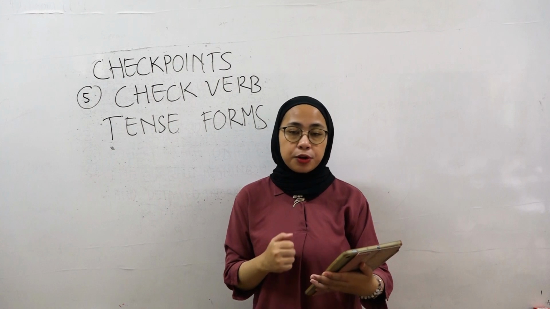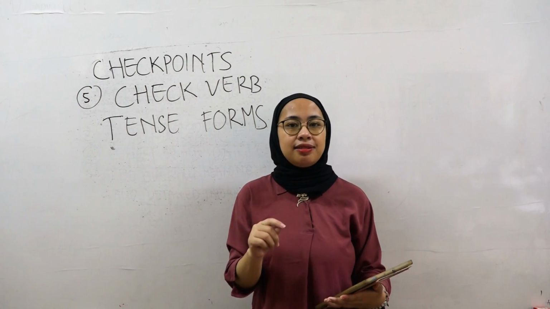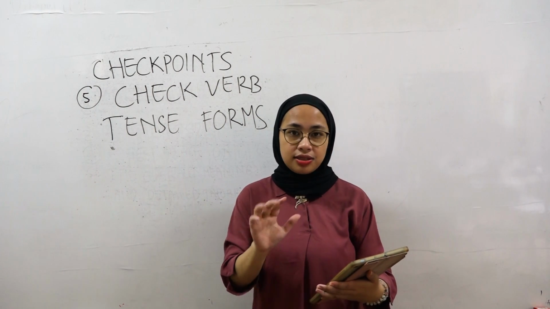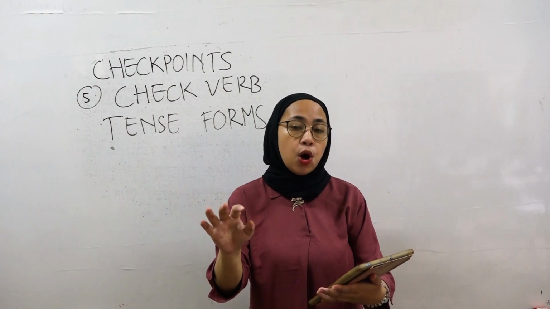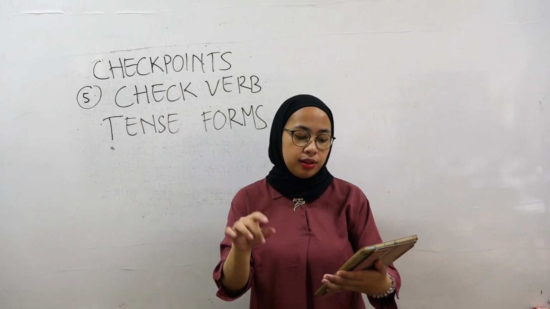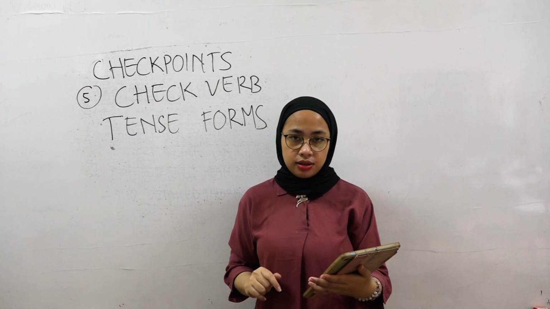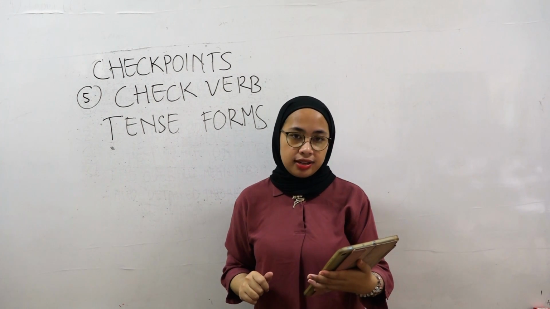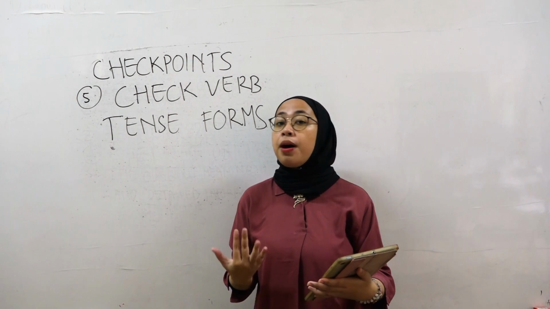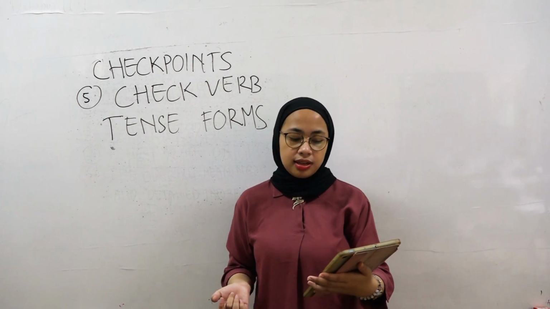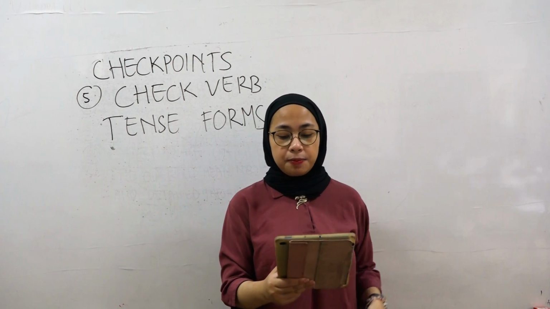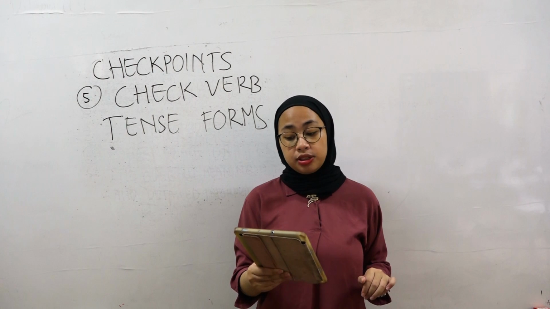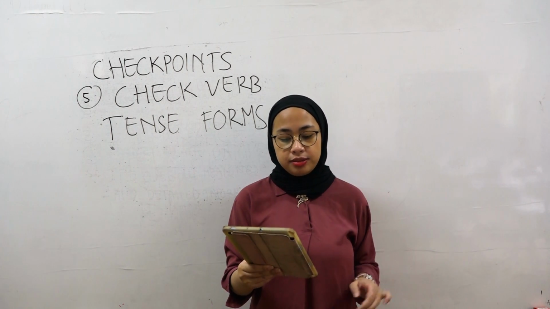The present form can also use s depending on the subject: start, starts, hope, hopes, for example. And then present participle with ing: starting, hoping. The next one is past: started, hoped. And the last one is past participle: started and hoped.